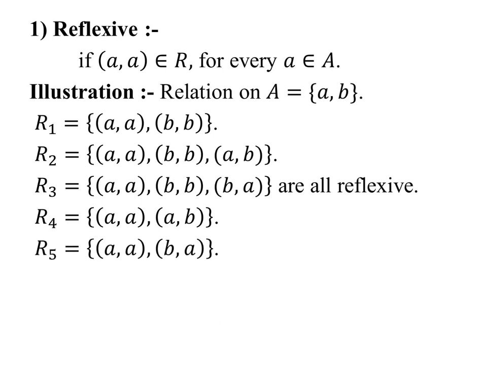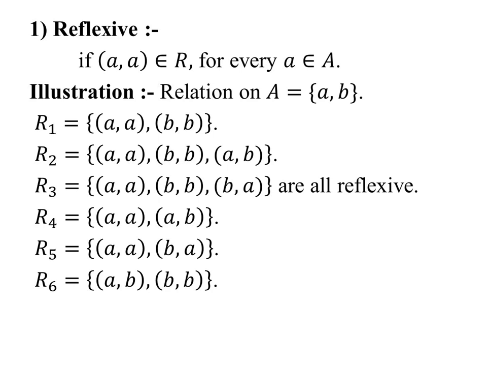Next, R5 is equal to {(a, a), (b, b)}. Here (a, a) is in R5, but (b, b) does not belong to R5. Then R5 is not a reflexive relation. Next, R6 is equal to {(a, b), (b, a)}. Here set A is equal to {a, b}.